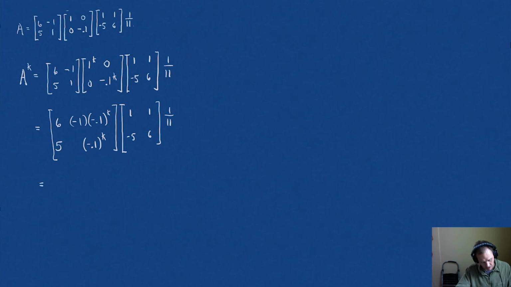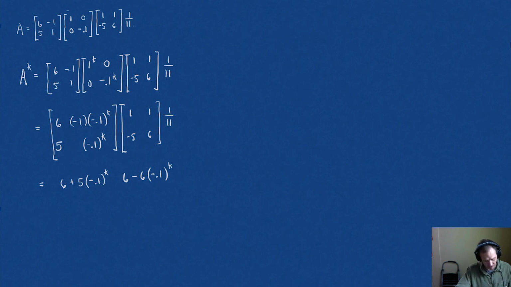Again, row 1, column 1, that's going to be a 6, plus 5 times negative 0.1 to the k. That's my first entry. Now my second entry, row 1, column 2: that's going to be a 6, and then a minus 6 times negative 0.1 to the k.